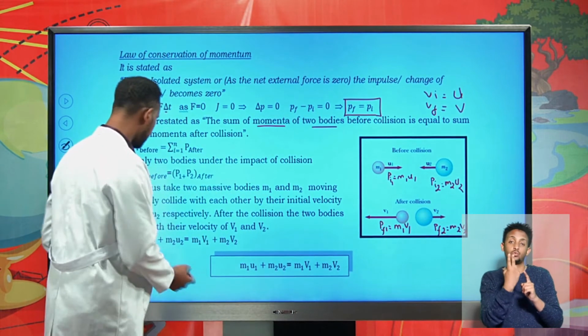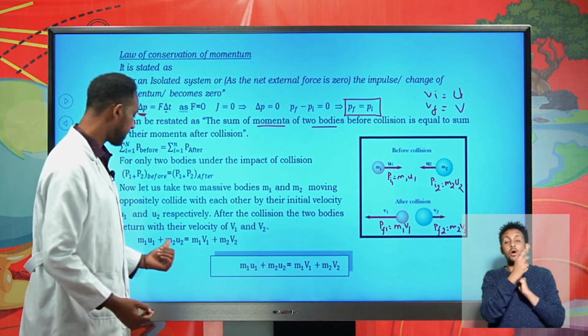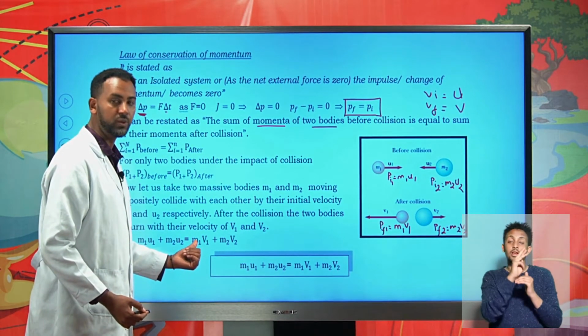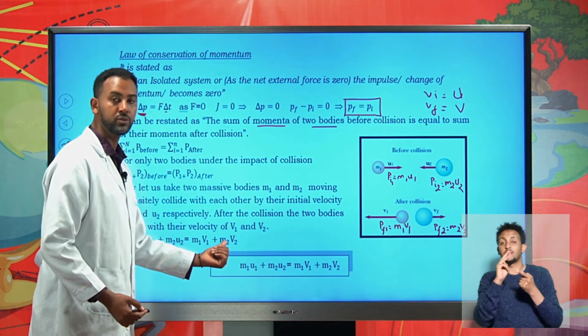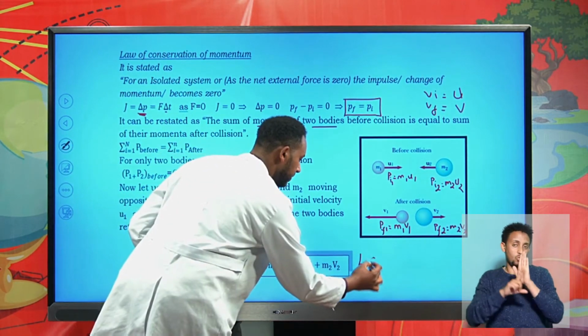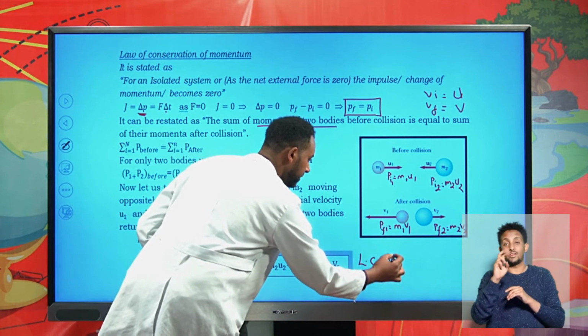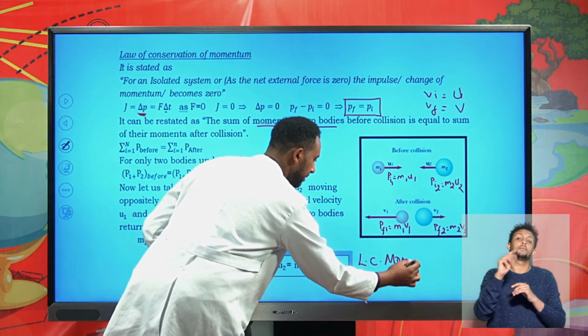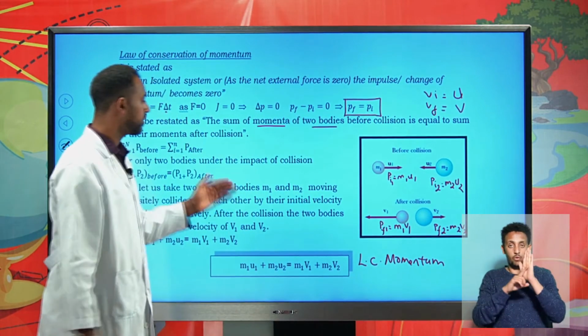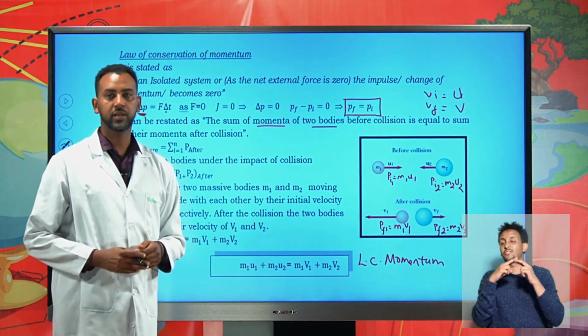So this rule states that m1 u1 plus m2 u2 is equal to m1 v1 plus m2 v2. This is known to be the law of conservation of momentum, and it's a very practical law.